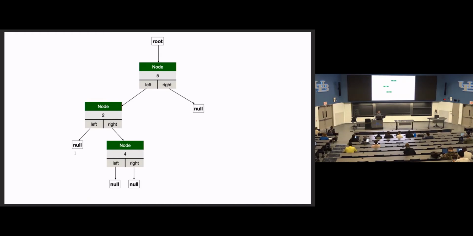This node has no left child but does have a right child, and this node doesn't have any children at all. So we can have misshapen or lopsided trees like this. This is perfectly acceptable. And most importantly, the algorithms that we write for our trees have to be able to account for this. They have to be able to handle nodes with one child, zero children, or two children. They have to account for all of those cases.